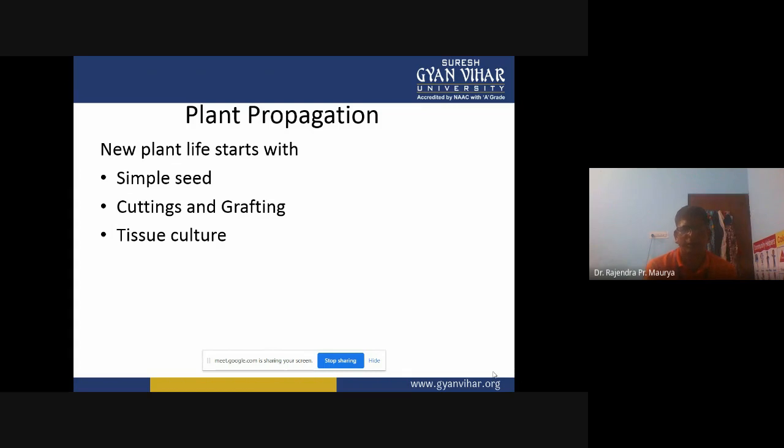In layering there are also different techniques like simple layering, compound and serpentine layering, trench layering, tip layering, air layering, etc. Air layering is very popular.